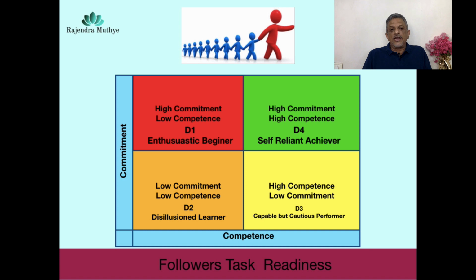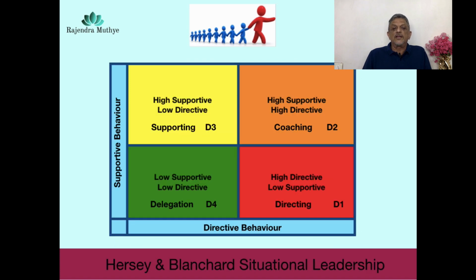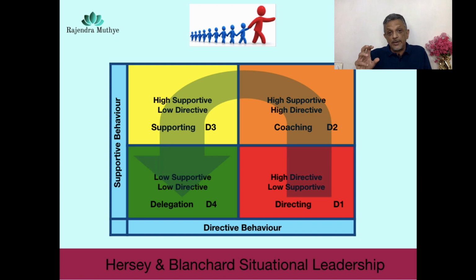So if you merge both these models, the journey for the leader moves from high directive, low supportive for D1 to D2 to D3 to D4, depending on identifying who and where the person belongs to.